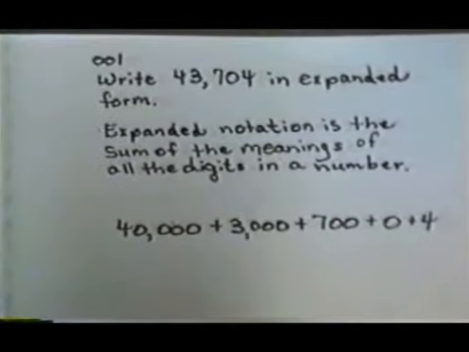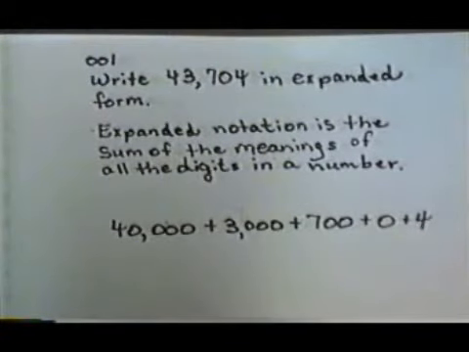So our number written in expanded form is 40,000 plus 3,000 plus 700 plus 0 plus 4. We're adding up the meanings of all the digits. And if you actually added all that back together, you would end up with 43,704.